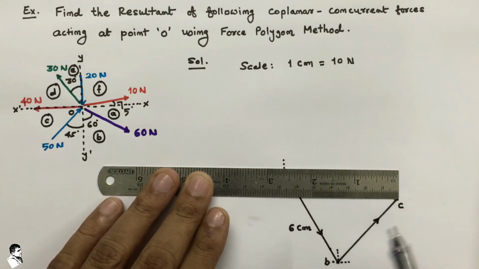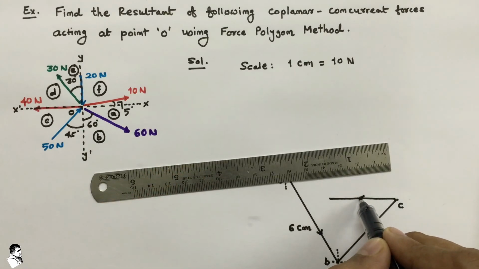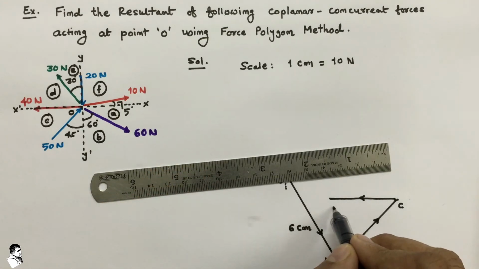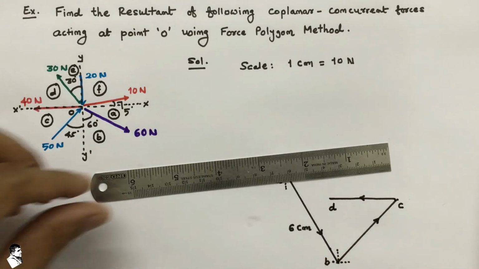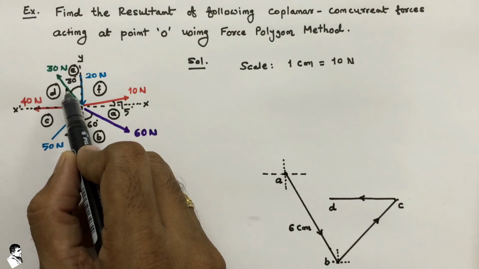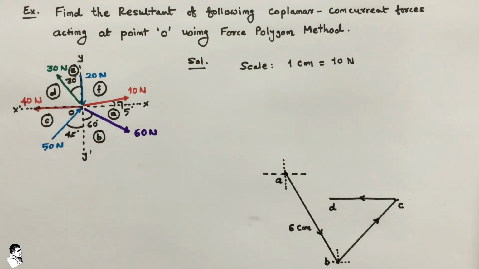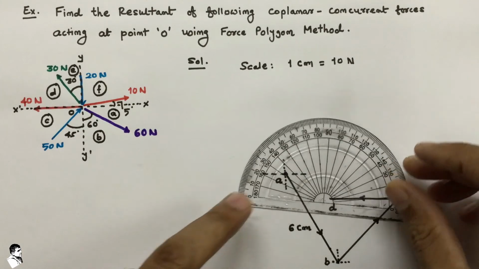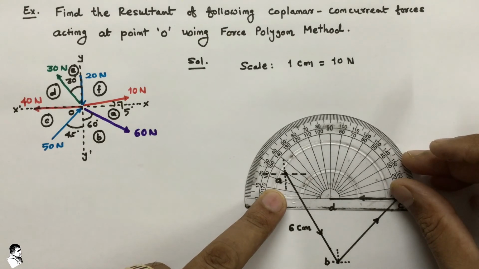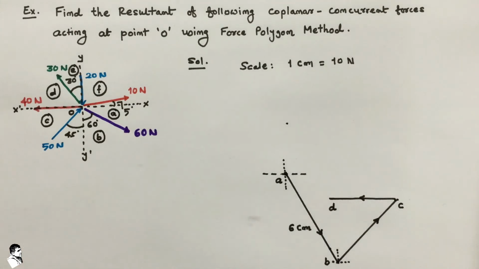So we draw a 4 centimeter horizontal line here, completed at point D. After that we have another force, 30 Newton, from D to E, at an angle with the horizontal of about 60 degrees.